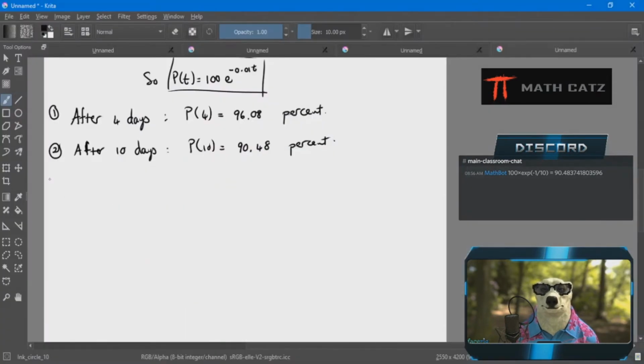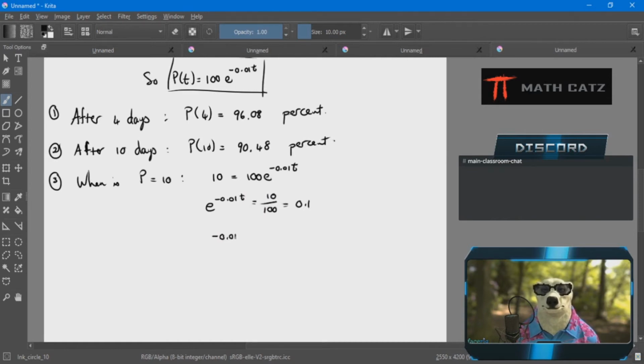So now I want to know in number 3, when is P equal to 10? Well, that is going to be when I plug in 10 for P and I solve for T. So e to the negative 0.01 T is therefore 10 over 100 or 0.1.